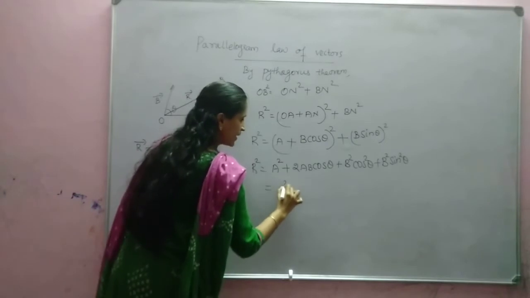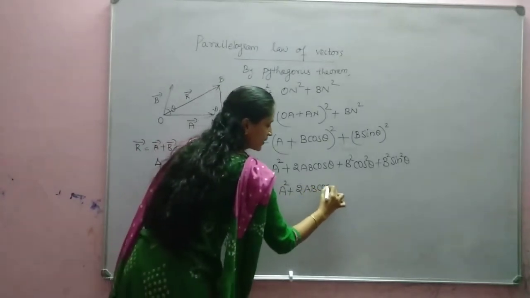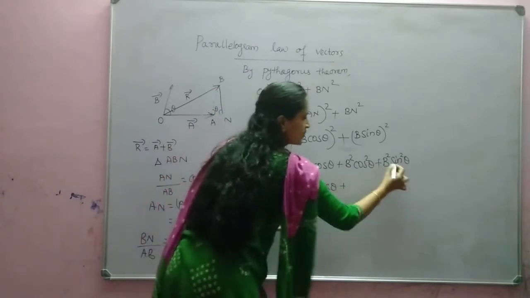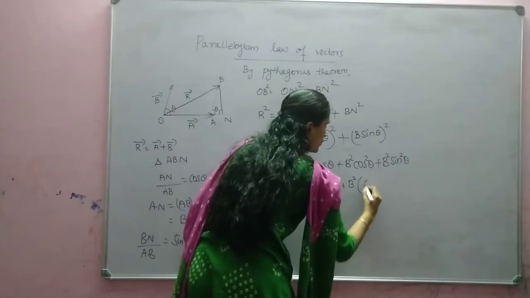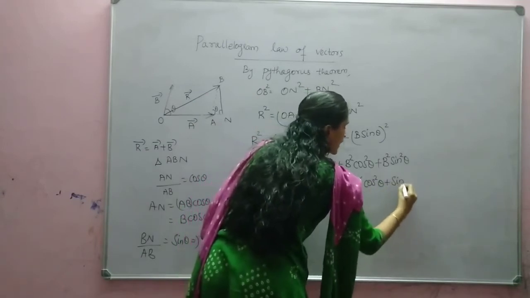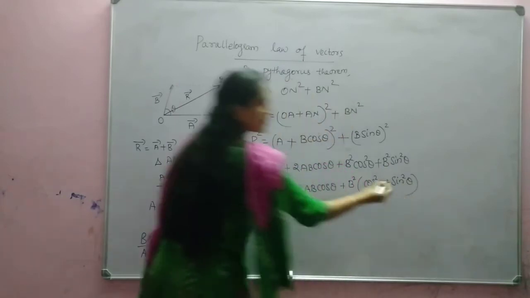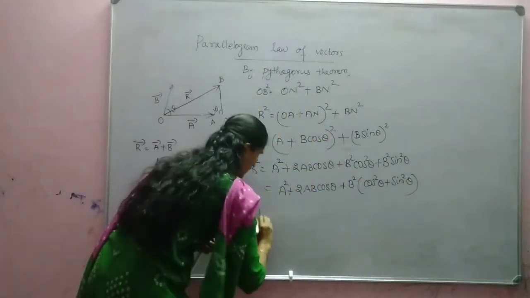Or we can write A square plus 2AB cos theta. From these two terms we can take B square common: B square into cos square theta plus sin square theta. And what is cos square theta plus sin square theta? That is equal to 1. So what we will get?